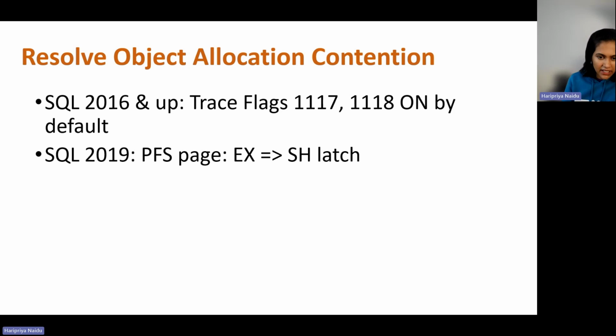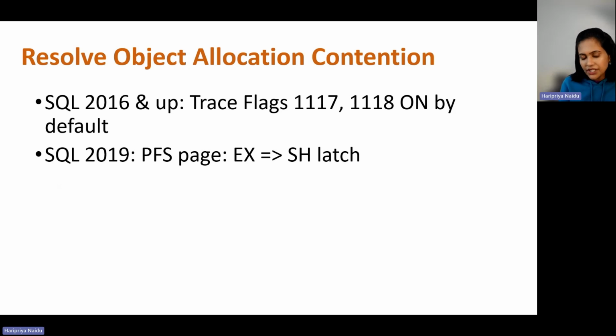And on 2019, if you recall, we had contention on PFS, GAM, and SGAM pages. So they addressed the contention on the PFS page in the 2019 version. How they did that is very interesting, because you remember how those operations are waiting to get a latch.